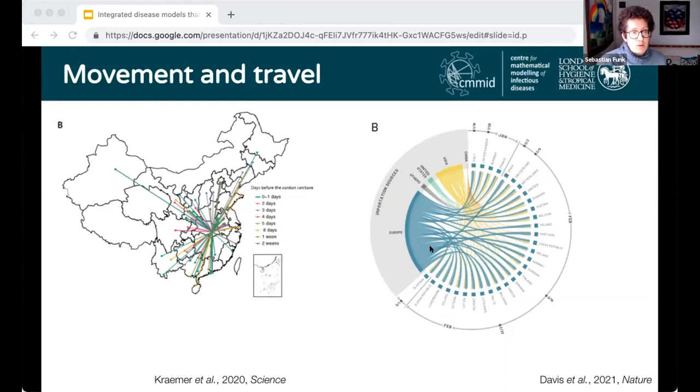So I think we really can say that there's been real progress in understanding the role of movement and travel, at least early on in the pandemic, which is obviously quite a crucial period for understanding the pandemic.